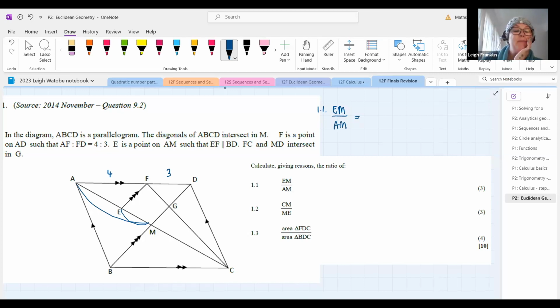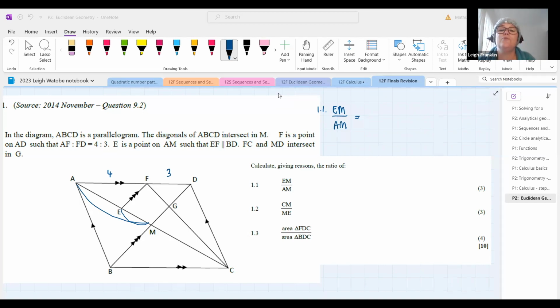What would EM over AM be equal to? Okay, so Ntokozo says FD over AD.